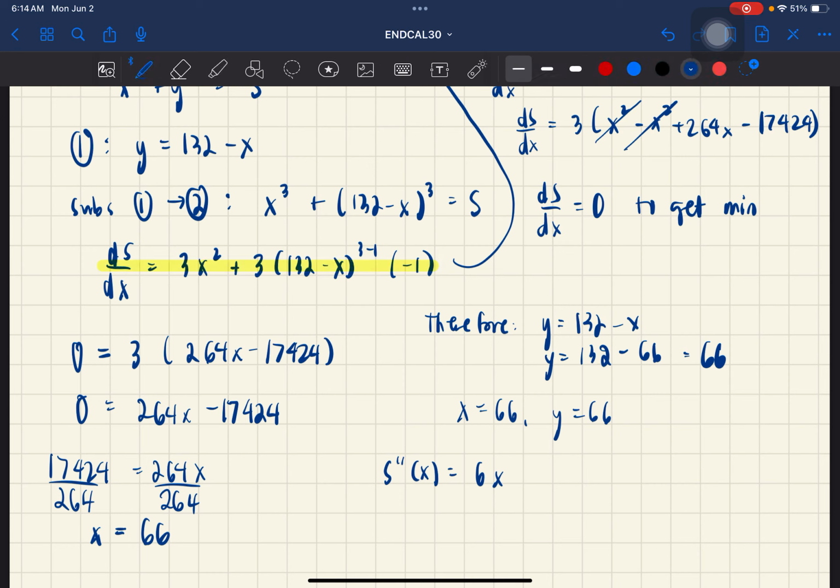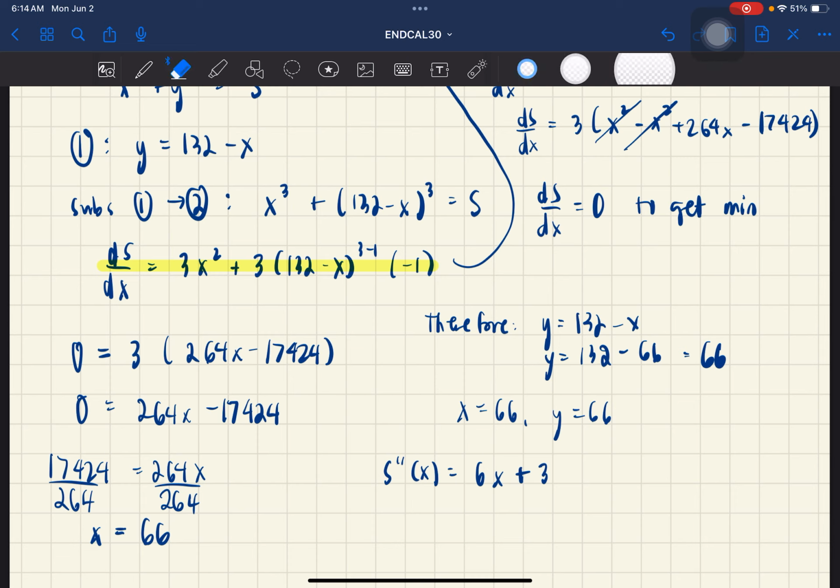And then we have 3 as a constant, so we just put 3 here and then derive what is inside.